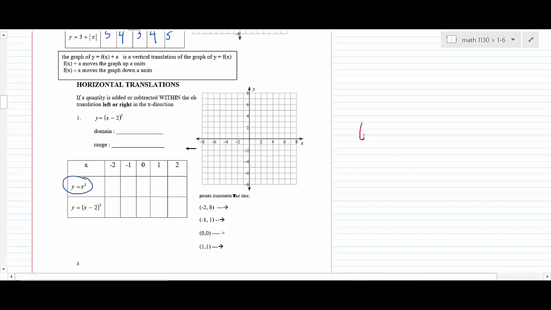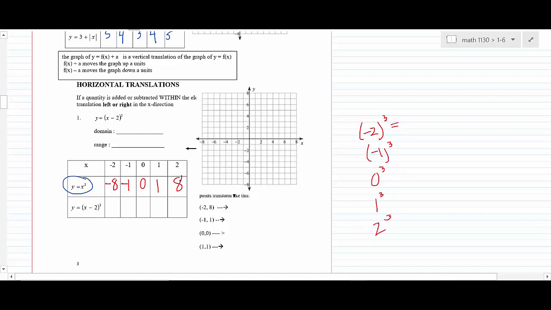I don't care if you do this in your head. So if you do -2 to the third, that's -8. You're multiplying a negative out 3 times. That's why you get a negative. If you do -1 to the third, that gives -1. 0 to the third is going to give 0. 1 to the third is going to give 1. And then 2 to the third is going to give 8 like that.